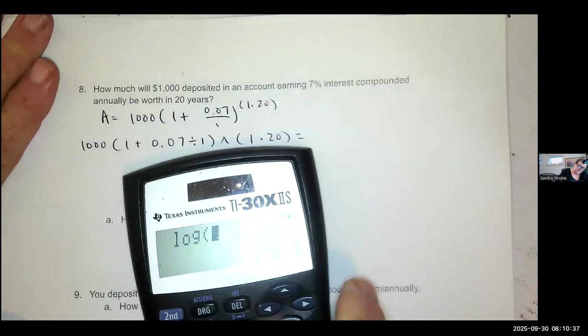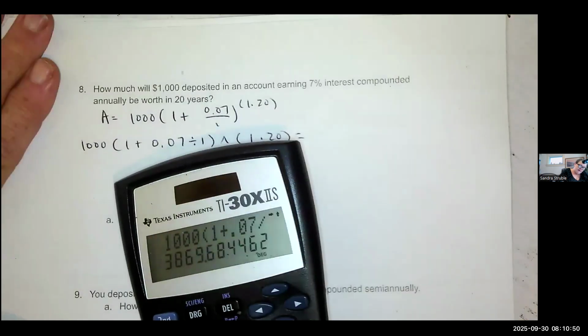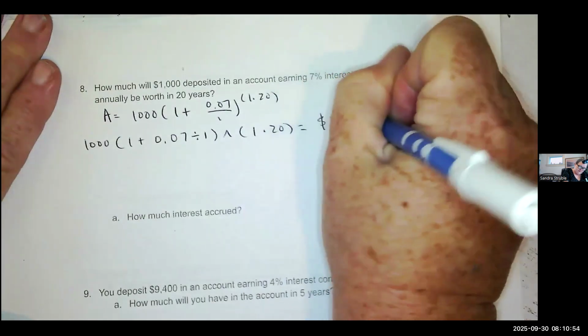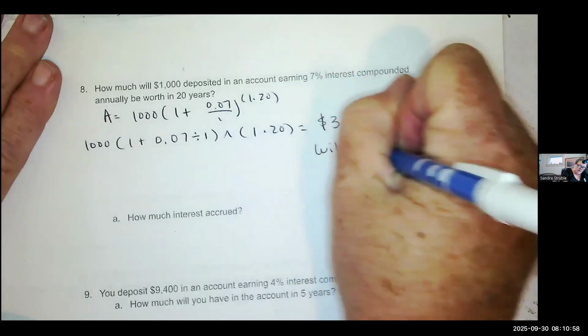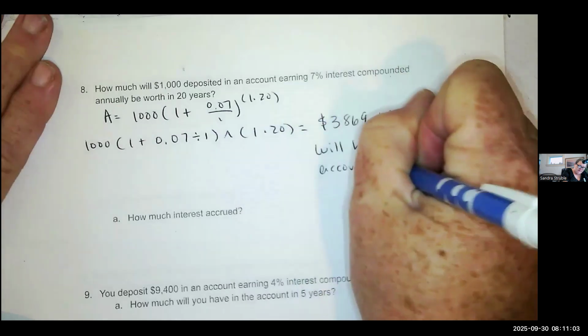And I get 3869.68 will be in the account in 20 years.